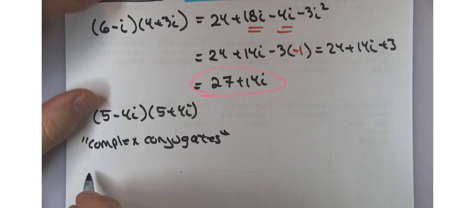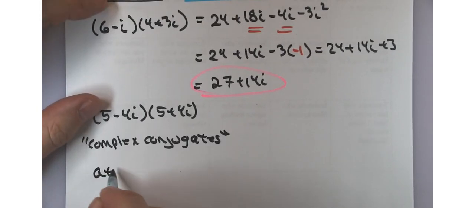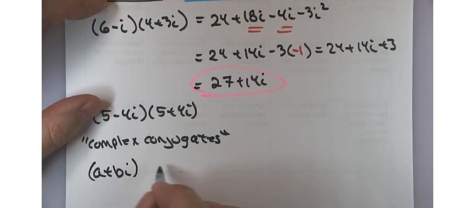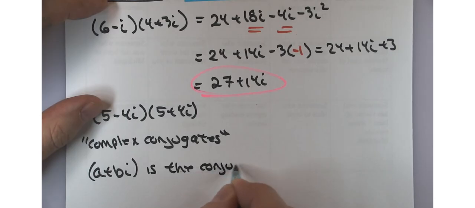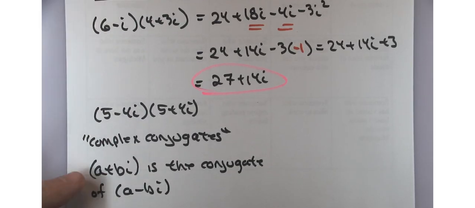It's when you're multiplying a plus bi, which is the conjugate of a minus bi. So to get from one term to the next, if you're looking at finding the conjugate, you're just going to change the sign in between these two things.